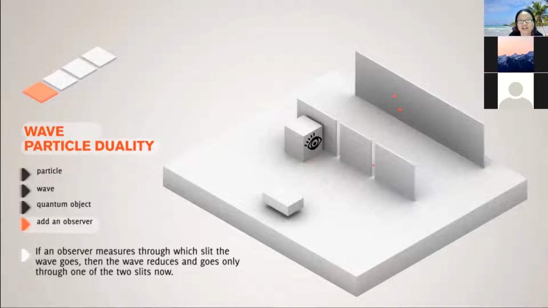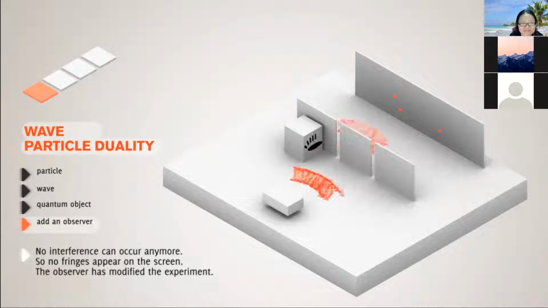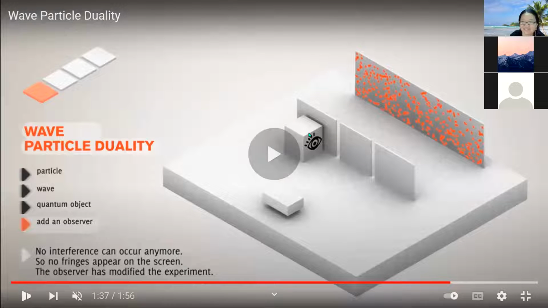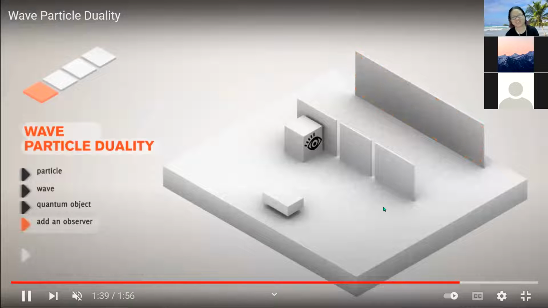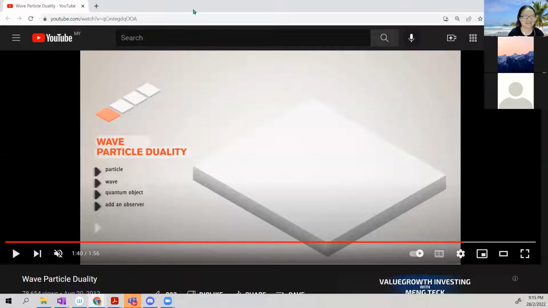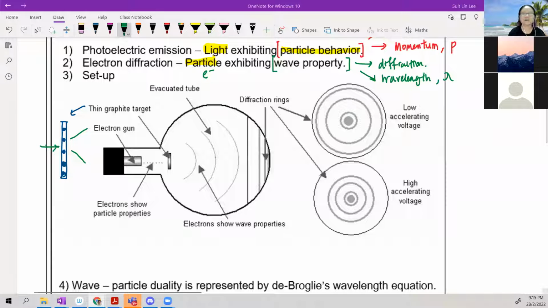We just know it behaves like that. So there's no interference. The act of you looking at something has changed its property. Hello, your brain, okay. Welcome to wave-particle duality, aka quantum physics, aka what is going on?